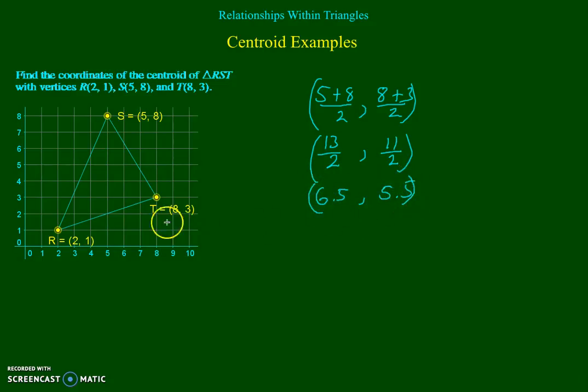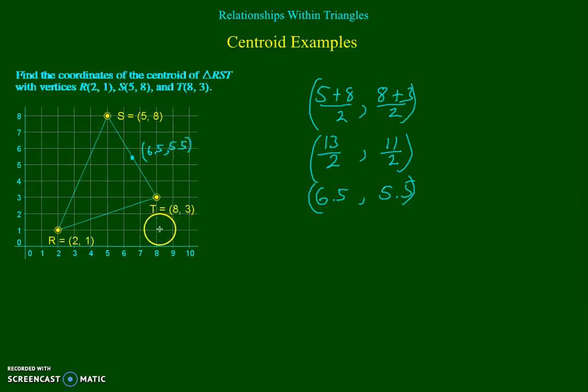Very ugly, but this point is going to be 6.5, 5.5.